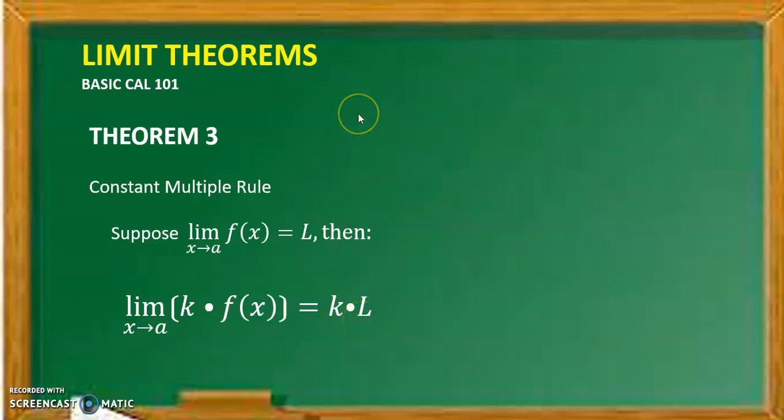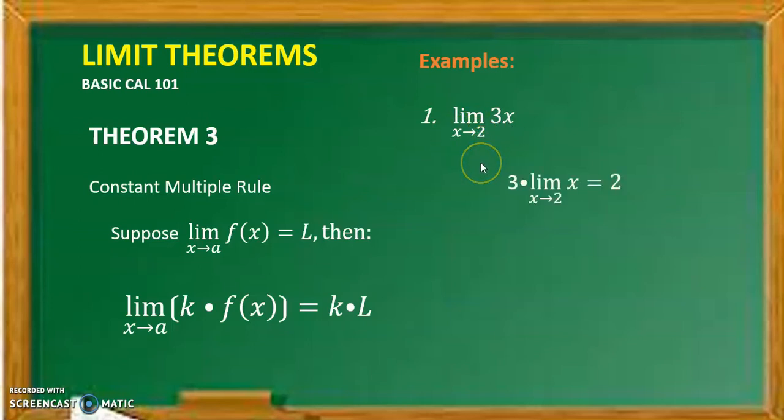Okay? So, para mas maintindihan natin maigi, bigay tayo ng halimbawa. So, example number 1, the limit of 3x when x approaches 2. Kung titingnan nyo, may constant siya, tapos minomultiply sa function. According to that, ilalagay lang po natin yung 3 sa harap, tapos imumultiply natin ng limit ng function.